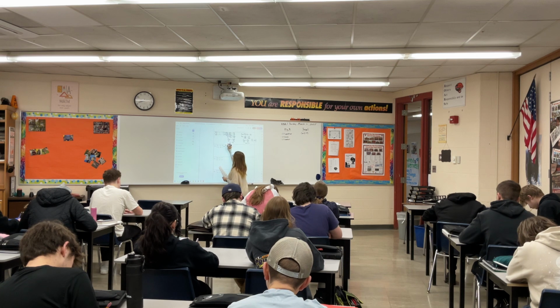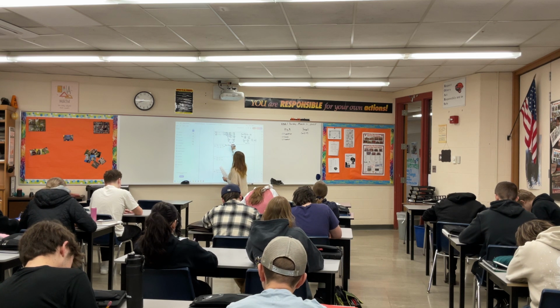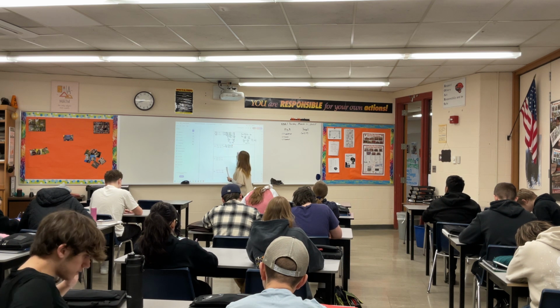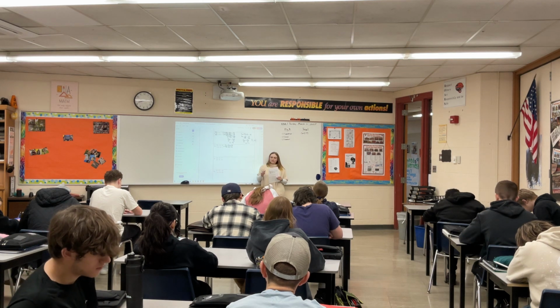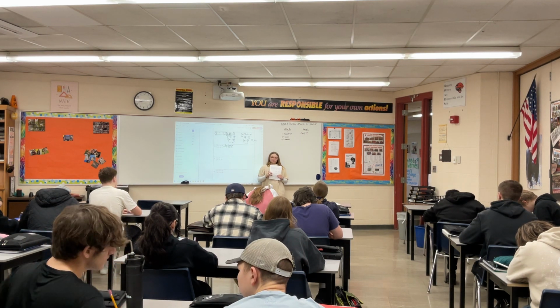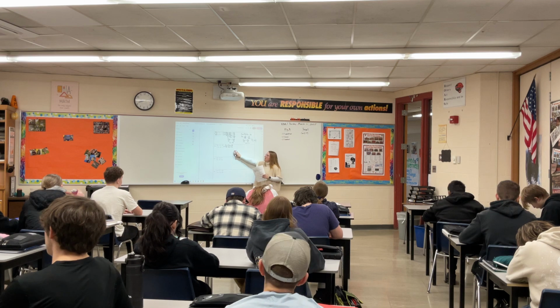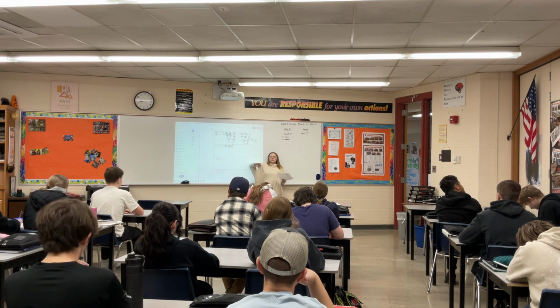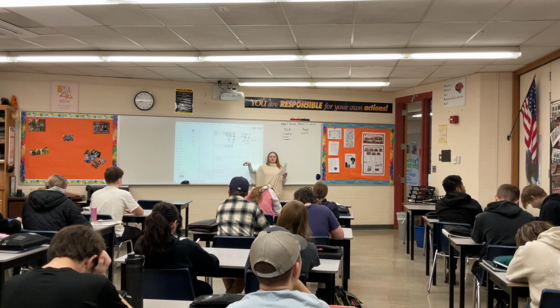So I have 2x minus 4y equals 18. And I have negative 5x minus 6y equals 3. I haven't multiplied anything yet. All I did was move my equal sign over in my first equation so that my equations are lined up right.